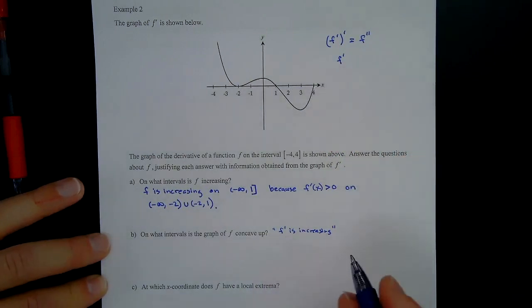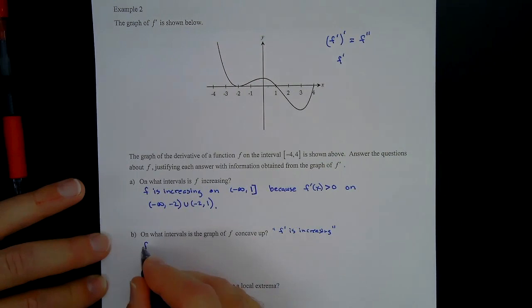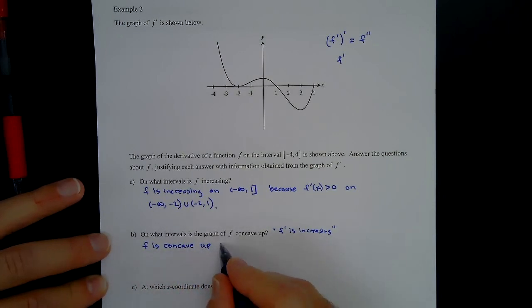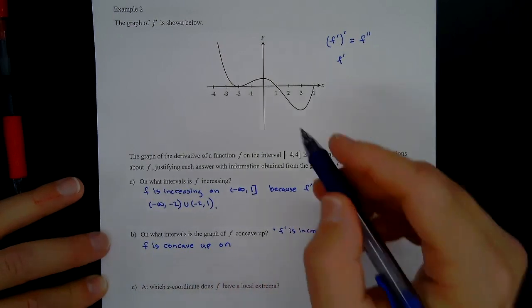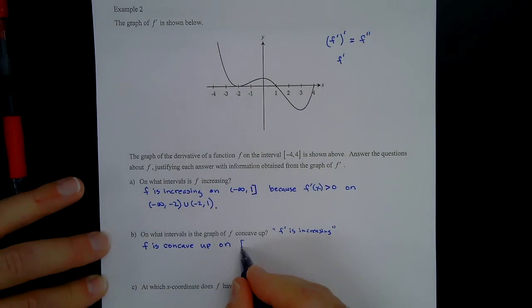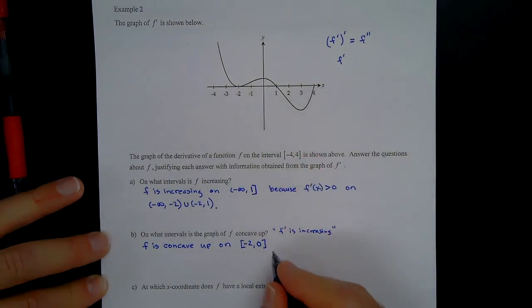So that would mean f is concave up on the interval -2 to 0. Now we're talking about concavity, so that's why I'm including the endpoints. -2 to 0, and also 3 to 4. So union, bracket, 3 to 4.